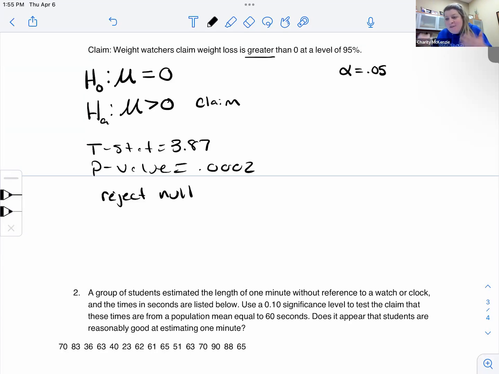Is the alternative our claim? Yes. So we have evidence in favor of our claim. And our claim was that the weight loss is greater than 0.